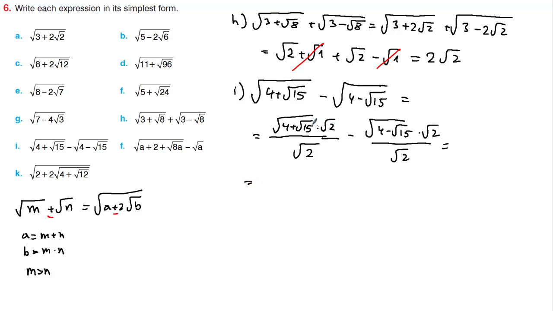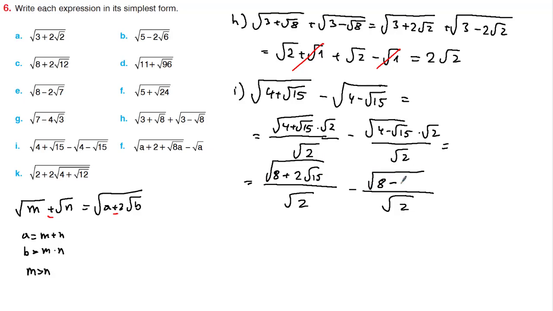Now if we multiply these two roots, we will get denominator root of 2 minus again here denominator root of 2. 2 times 4, 8, plus 2 times root of 15, 2 root of 15 under this root, and the same goes here but with minus sign, just like this.